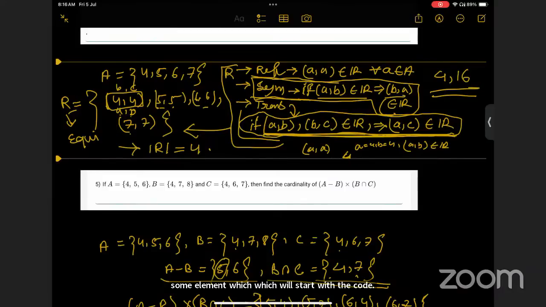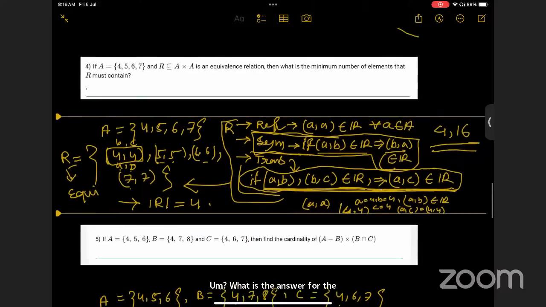There is only one element which starts with 4, which is (4,4). That means c equals 4 again. So (a,c) will be (4,4) again, right? What is the answer for the maximum number? Answer is 4.